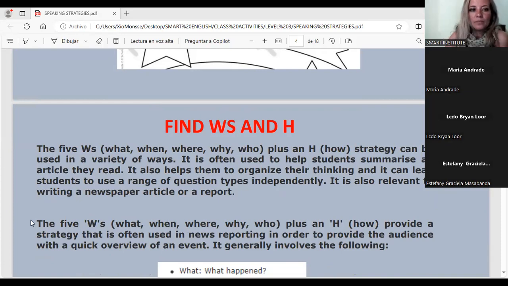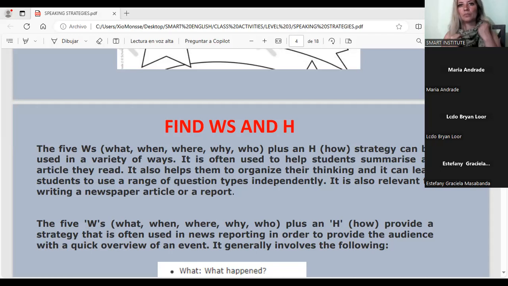The five Ws: what, when, where, why, who, plus an H, how. A strategy that can be used in a variety of ways. It is often used to help the students summarize an article they read. It also helps them to organize their thinking, and it can lead the students to use a range of question types independently.